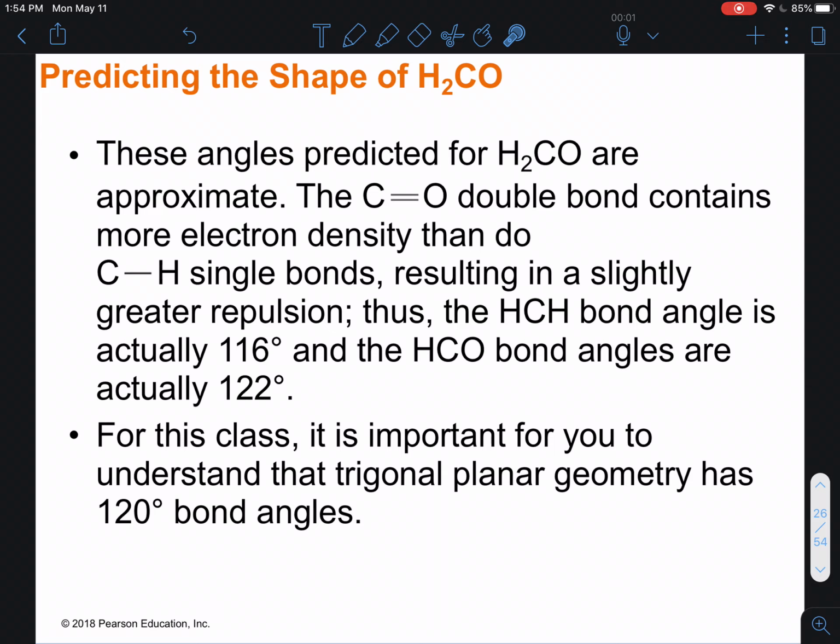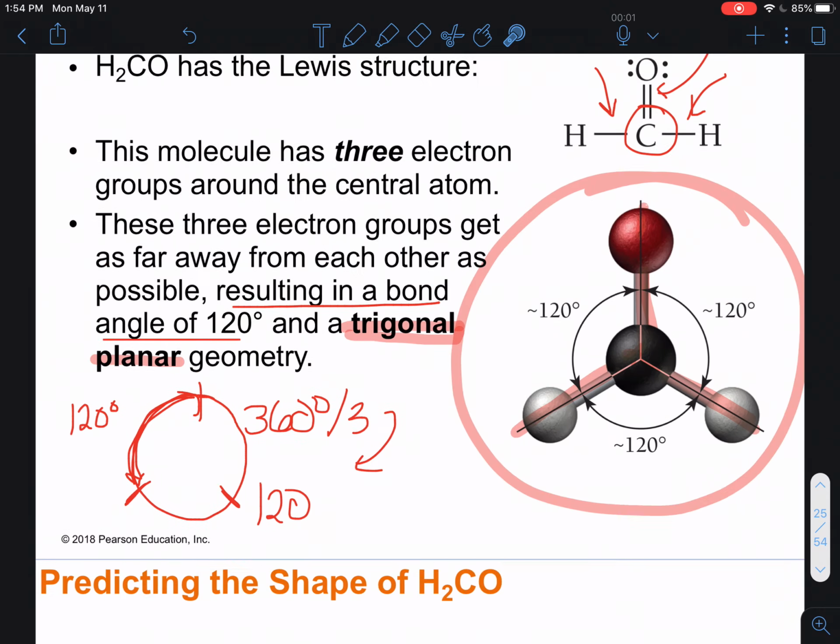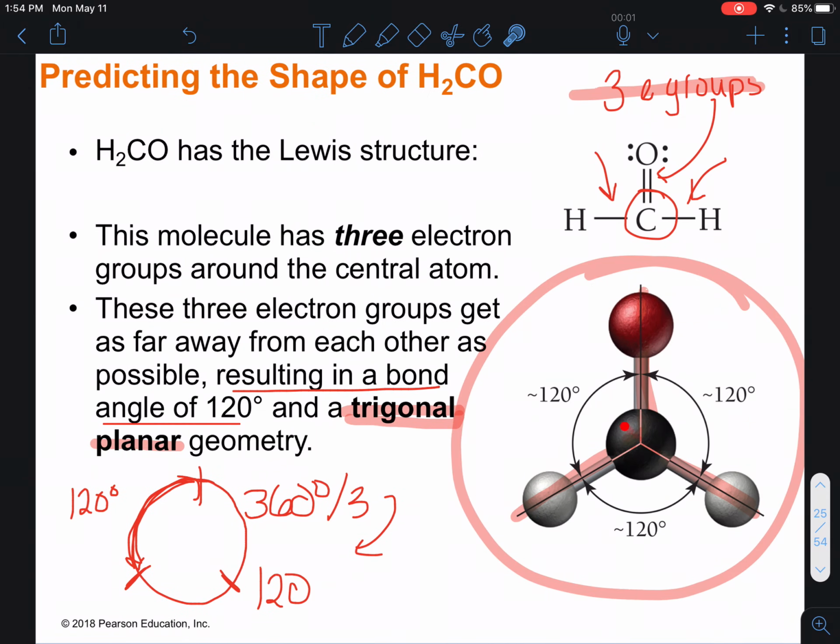The CO double bond contains more electron density than the CH single bonds. So it essentially means that the CO double bond wants more room because it has more electron density associated with it. So it's going to push this down a little bit more, closing this gap ever so slightly.